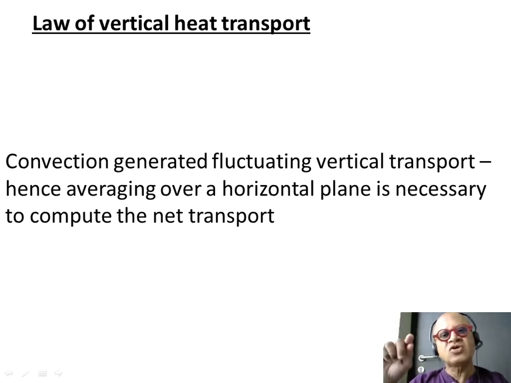So these motions are not just vertical motion and downward motion like the nice cells we saw. That happens when the motions are very slow and not very turbulent and mixing.